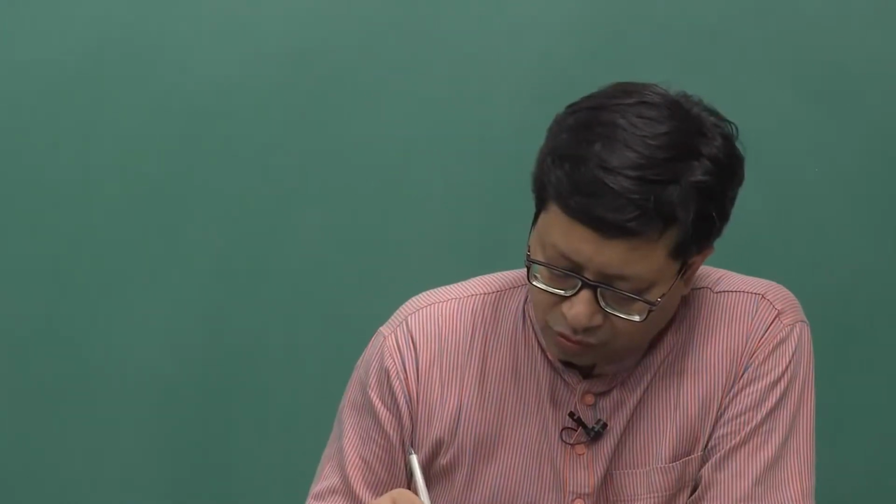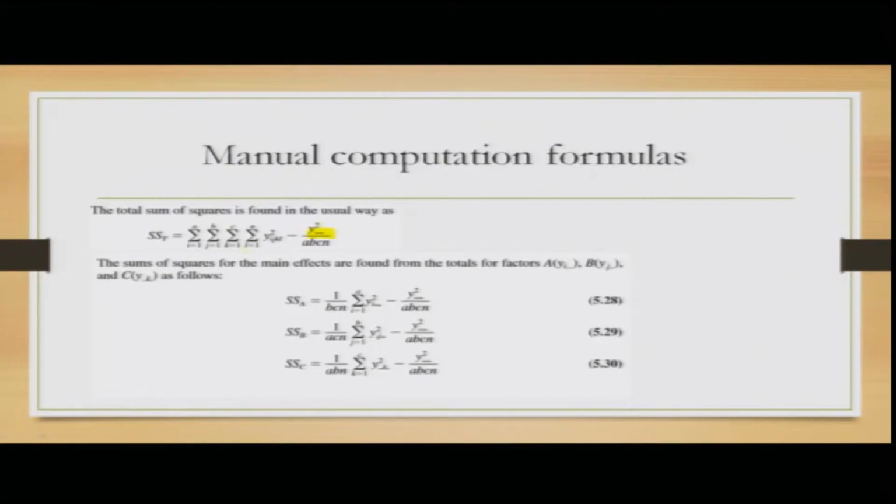Here, if you note, there are 4 dots, and the summations are i equal to 1 to small a, j equal to 1 to small b, which is for factor B. Similarly, i was for factor A. For factor C, it is k equal to 1 to small c, and for the observations l is equal to 1 to small n. You add up. So, these are the sums of the squares you want to find out. So, this is the sum of the total squares. You use this formula, find it out, and then put your calculations accordingly.